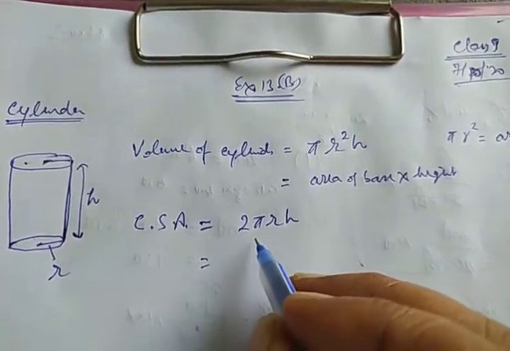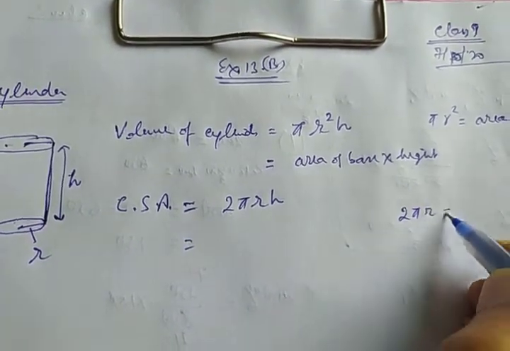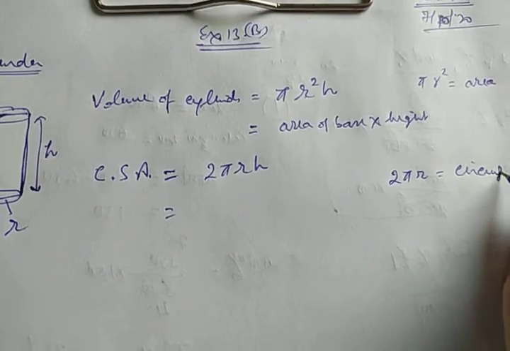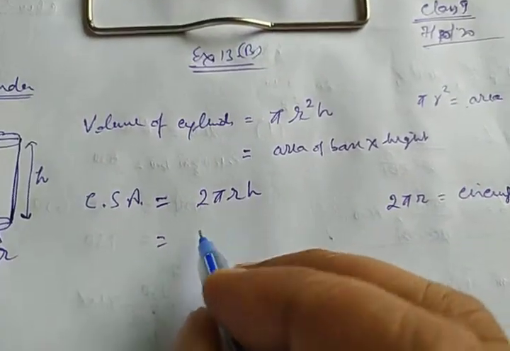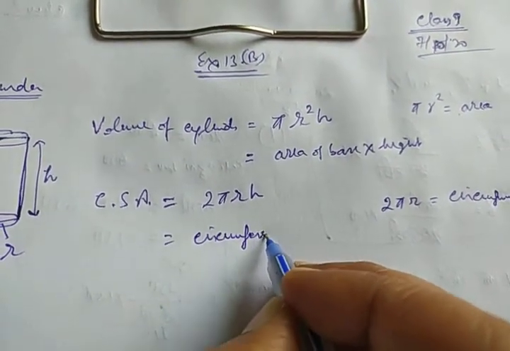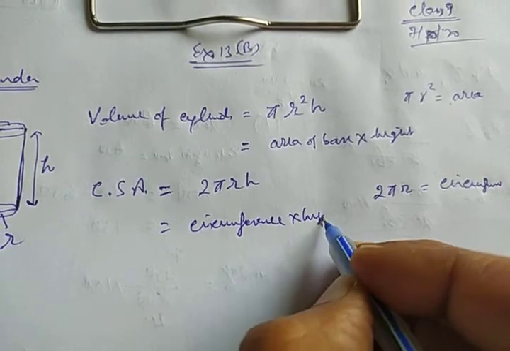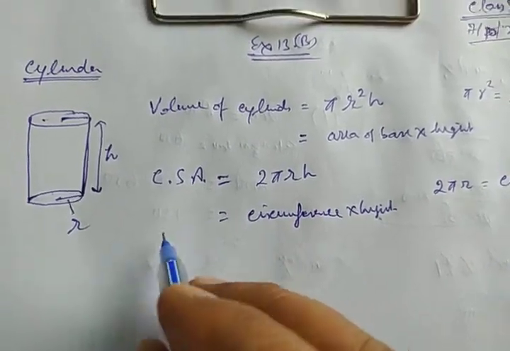This formula also converts, this 2 pi r is actually the circumference. Actually you should be remembering these two. So I am rewriting the formula: circumference into height. Then you will be obtaining the curved surface area.